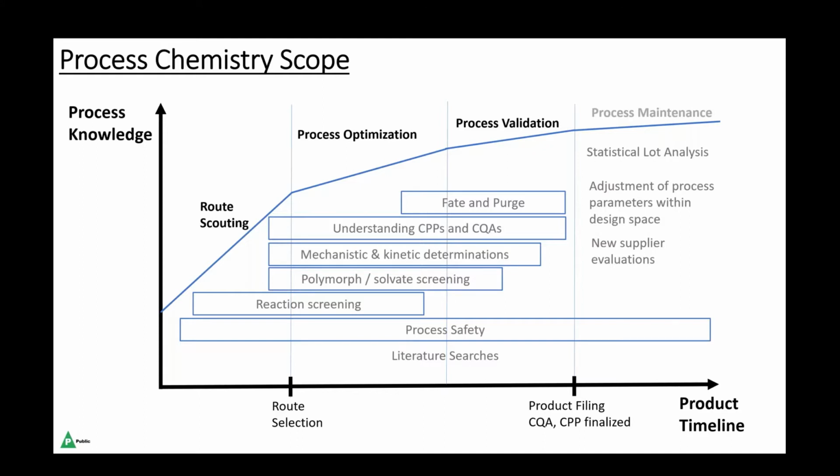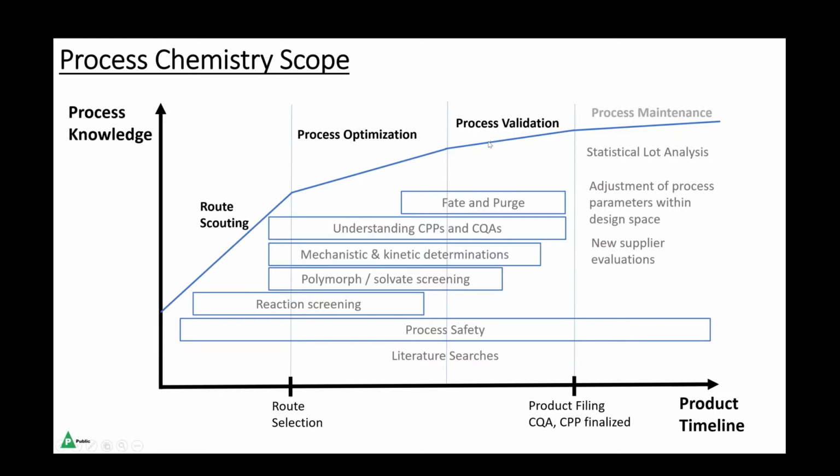It can be organized into 4 phases: route scouting, which is determining what is possible and what reaction scheme is likely to give the best results. Route optimization or process optimization, optimizing the reaction parameters like temperature, how reagents are added, and how fast, what's the best solvent, things like that.